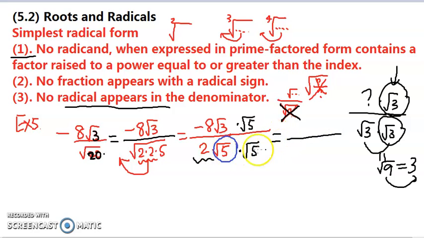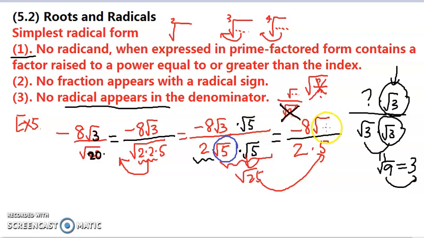So the 2 will stay, and then square root of 5 times square root of 5 gives us square root of 25, which is just a single 5. On the top, -8 stays on the outside of the radical sign, and the 3 and the 5 both are under the radical sign. We can multiply them to get 15. And we continue to simplify this.